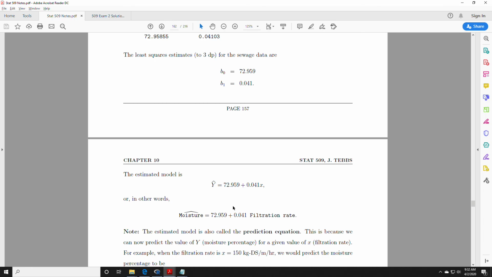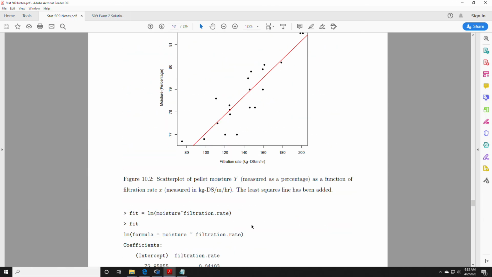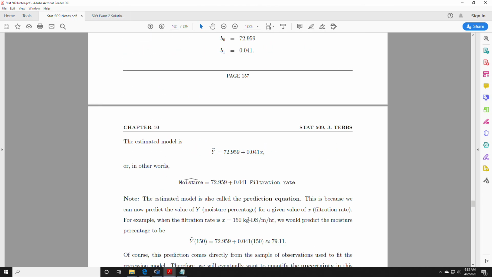But what will be useful pretty much always is the slope. So for every 1 unit increase in filtration rate, and of course we have crazy units for filtration rate, I expect the moisture percent to go up by 0.04. Yes, it is 0.04 of a percent.